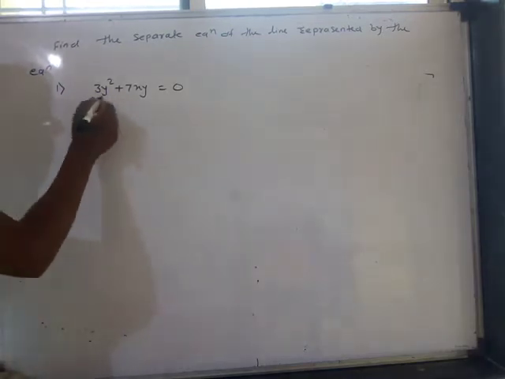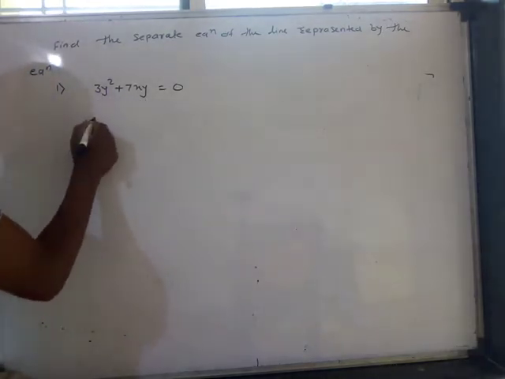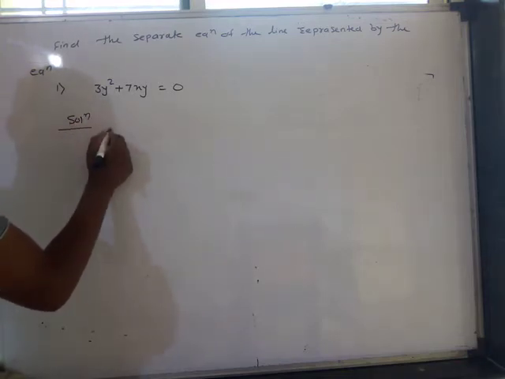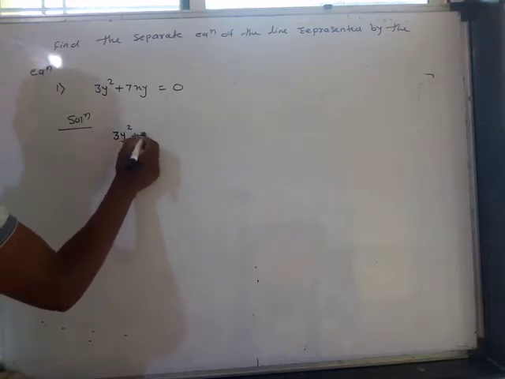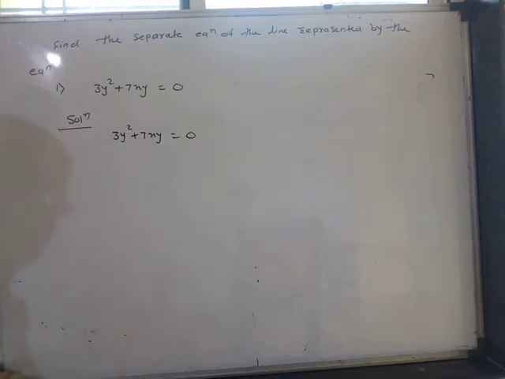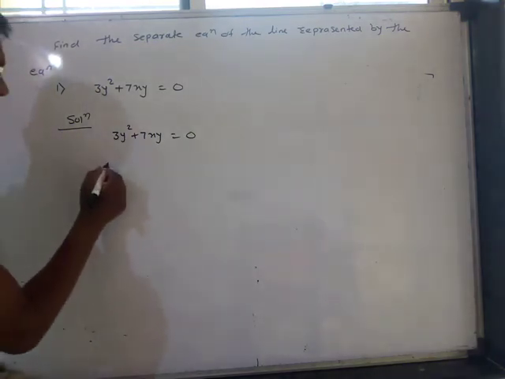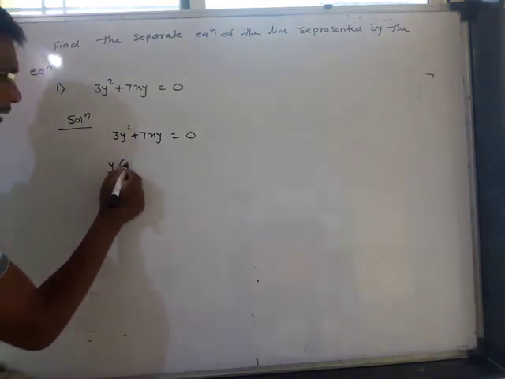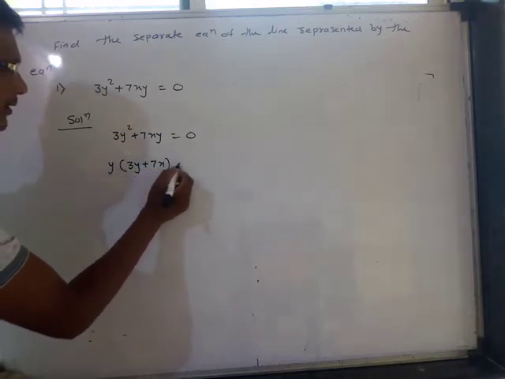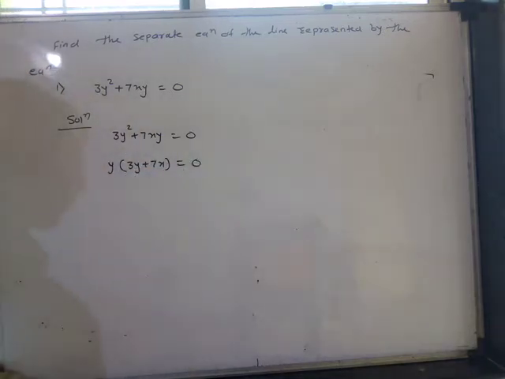So take y common from these two terms. So the solution is: the given equation is 3y square plus 7xy equal to 0. So take y common, then what remains is y into (3y plus 7x), and this is equal to 0.